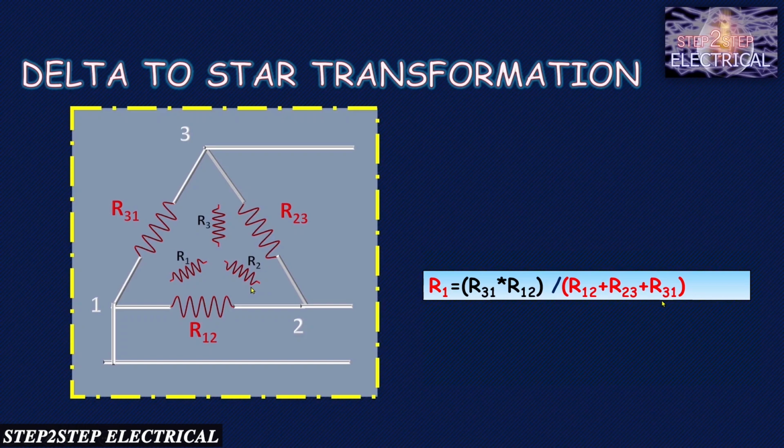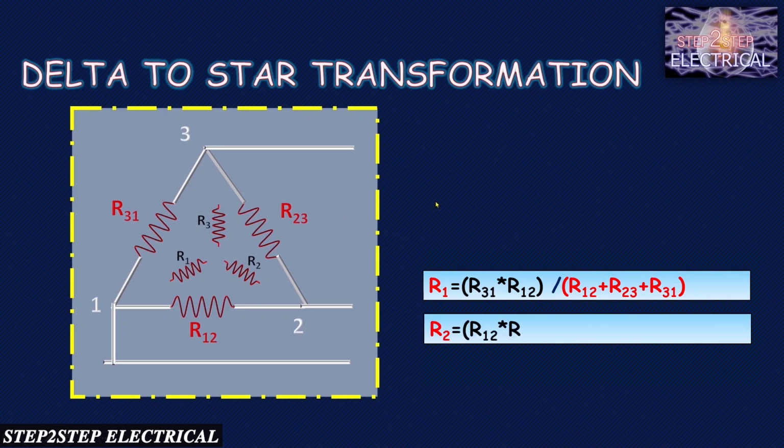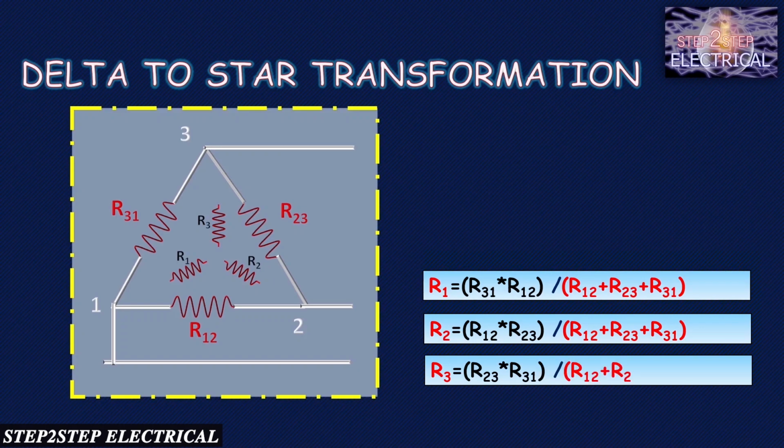R2 lies between R12 and R23, so R2 equals R12 into R23 divided by R12 plus R23 plus R31. And for R3 we can write R23 into R31 divided by R12 plus R23 plus R31. In this way we can write for R2 and R3. This is all about delta to star transformation.